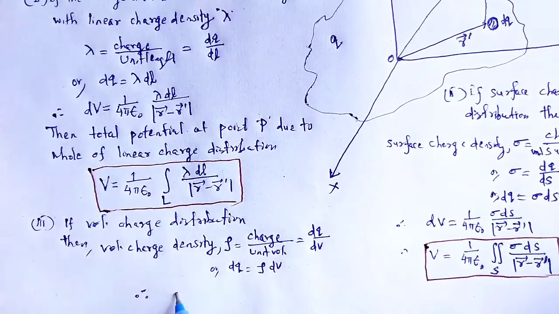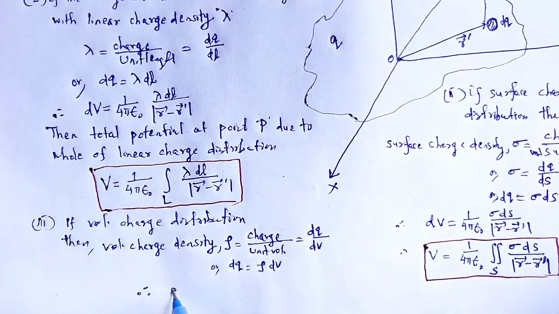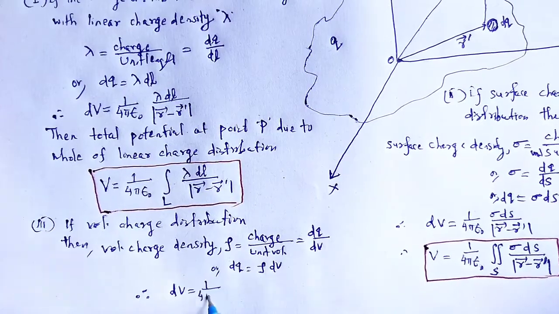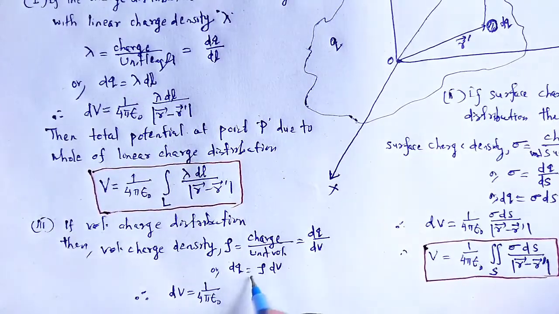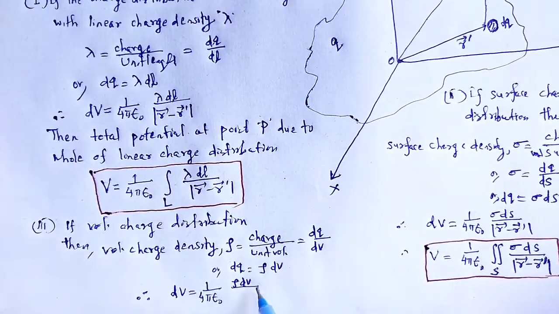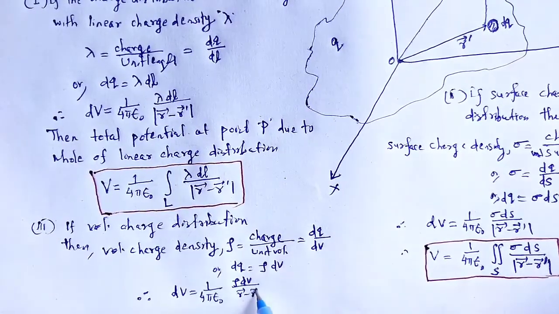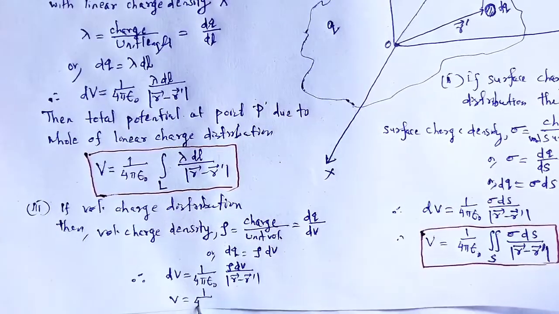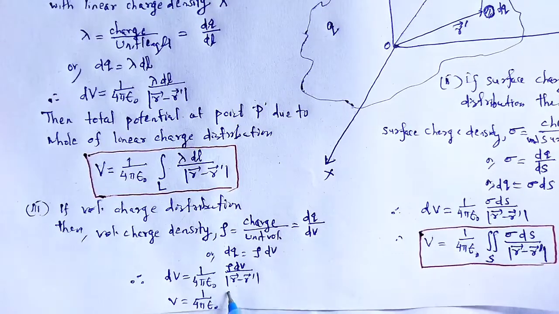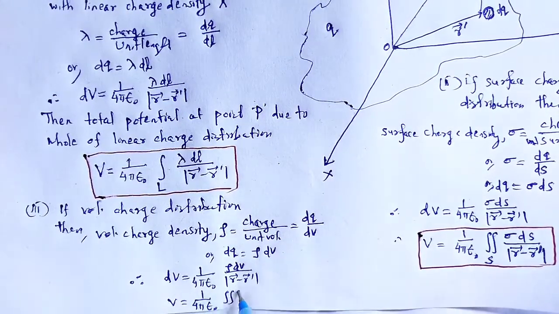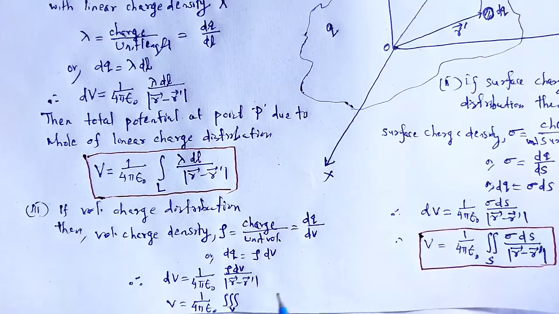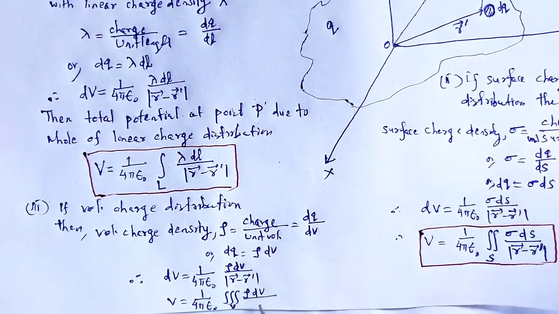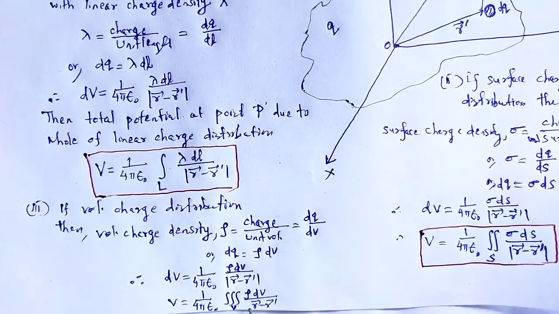Therefore the small potential element dV is equal to 1 by 4 pi epsilon naught, rho dV divided by the magnitude of r minus r dash, and the total potential V is equal to 1 by 4 pi epsilon naught, the volume integration over the volume V of rho dV divided by the magnitude of r minus r dash.